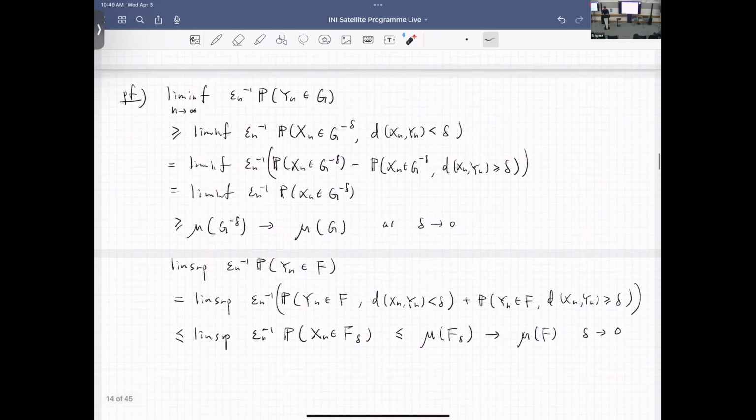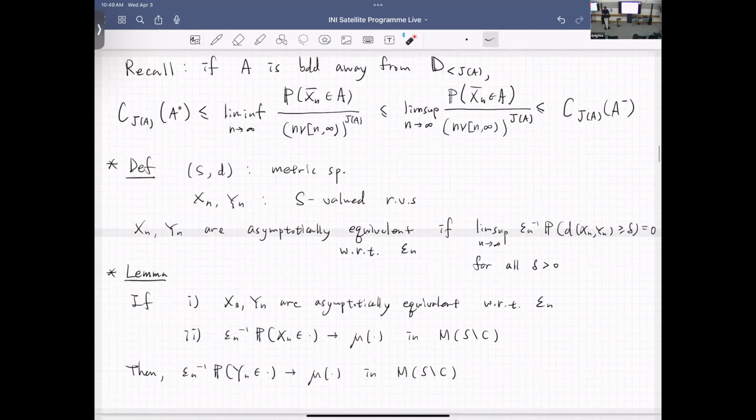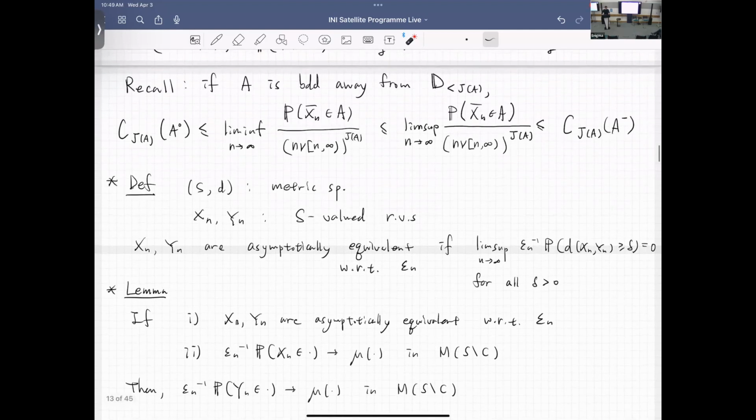All right, so this is what I have discussed so far; it summarizes how we obtain the LDP for the Lévy process with one-sided jumps.